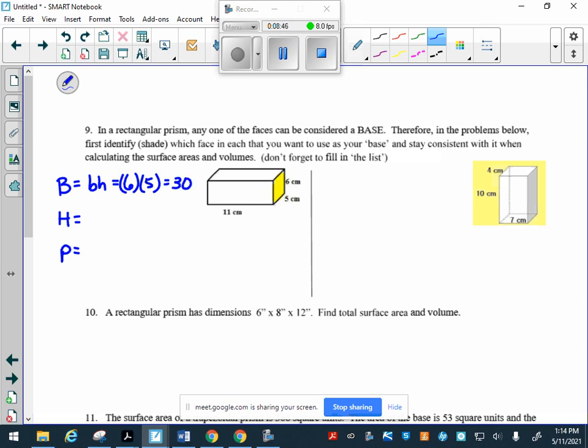If that's my base, what's the height? 11 is my height. Perimeter is the perimeter of that yellow piece, right? So 6 plus 5 plus 6 plus 5.